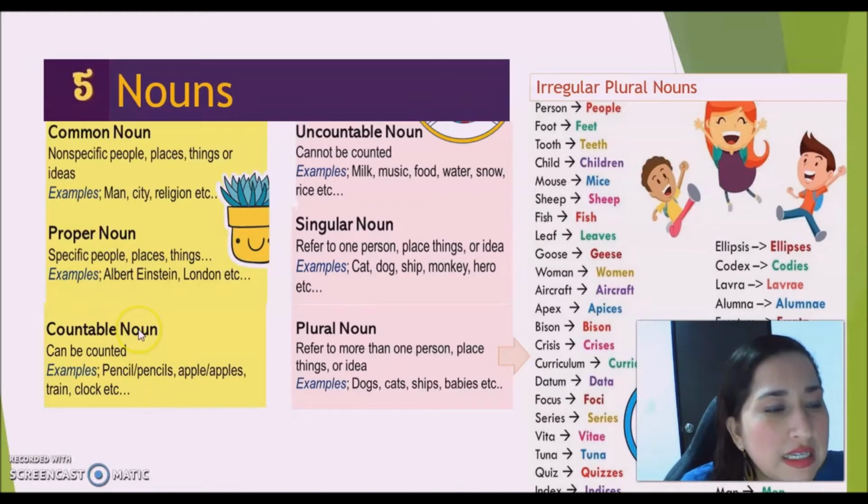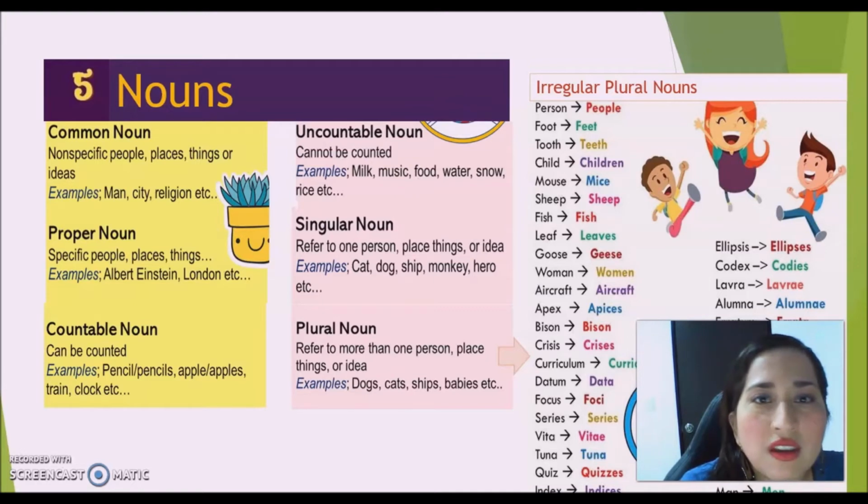Countable nouns are nouns that can be counted. For example, pencils, apples, and whatever. Things that you can count. Uncountable nouns cannot be counted. Those kinds of nouns, for example, meal, music, food, hug, rice.